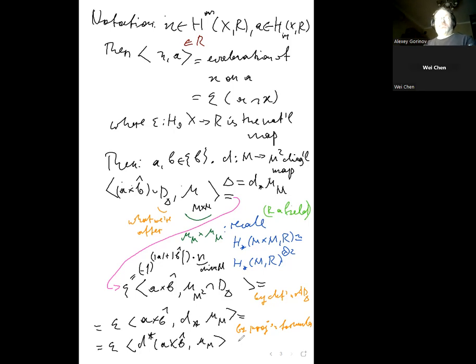So the upper star and the lower star are the adjoints of each other with respect to the pairing on homology and cohomology.